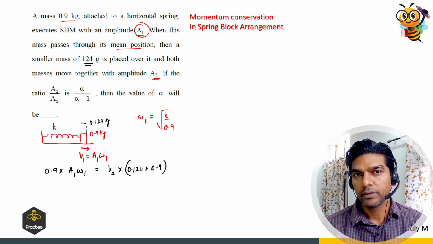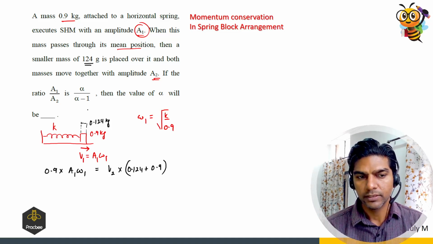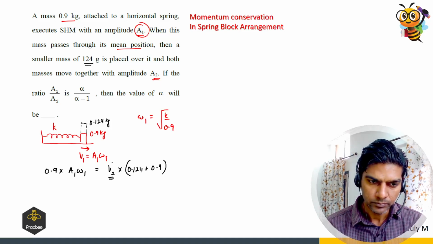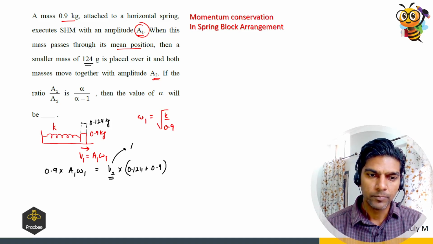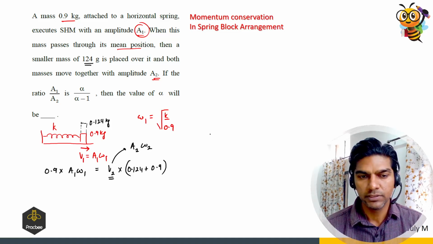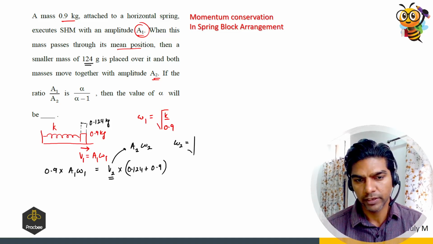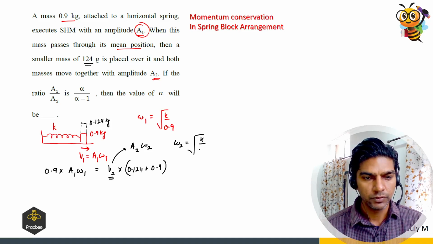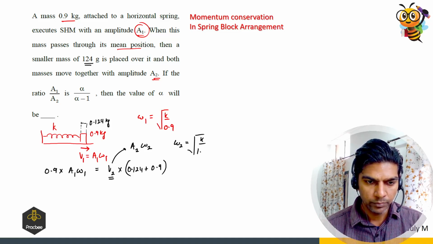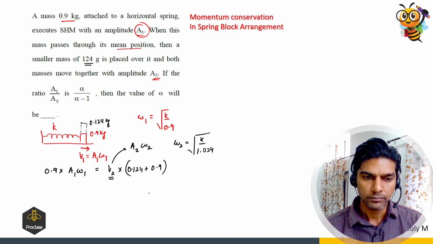Again, the spring is having zero elongation, so we can say this will be the mean position of the new system. And this V2 is nothing but the maximum velocity of that system. So V2 can be written as A2, the new amplitude, times the new angular frequency omega 2, which will be root of K by total mass, that is 1.024.